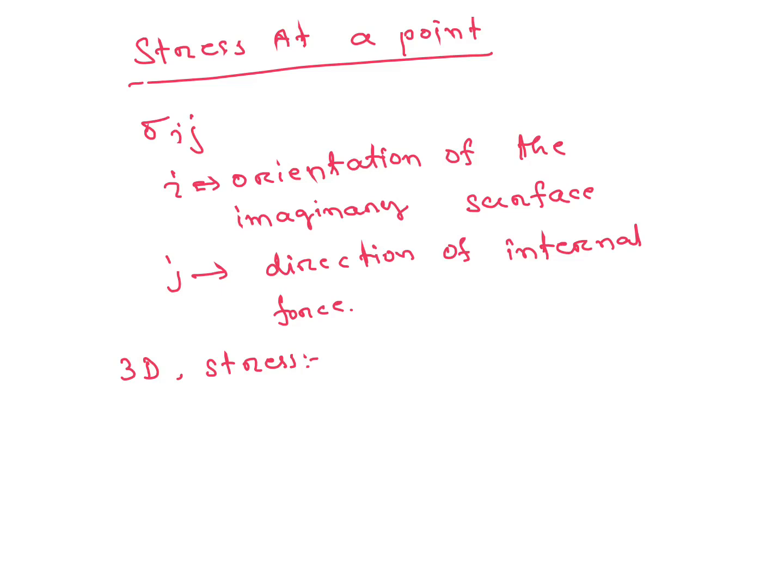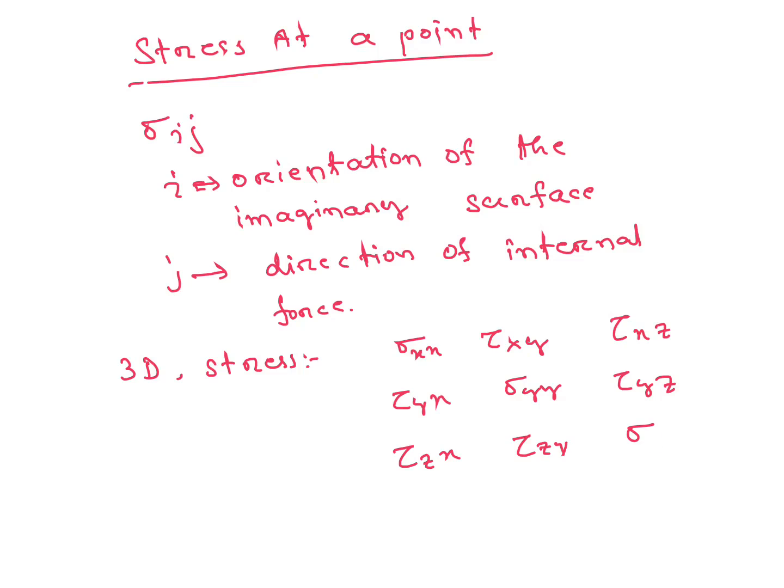So for 3D stress the matrix is a 3 cross 3 matrix: sigma xx, tau xy, tau xz, tau yx, sigma yy, tau yz, then tau zx, tau zy, sigma zz.